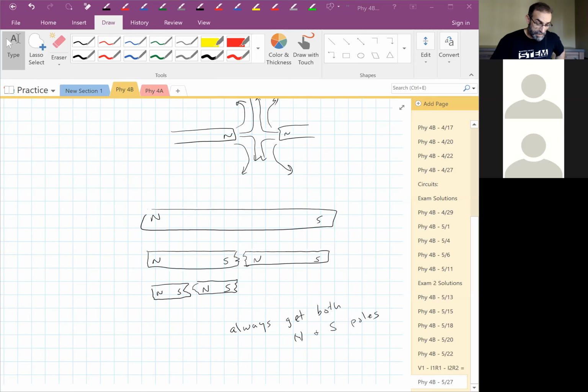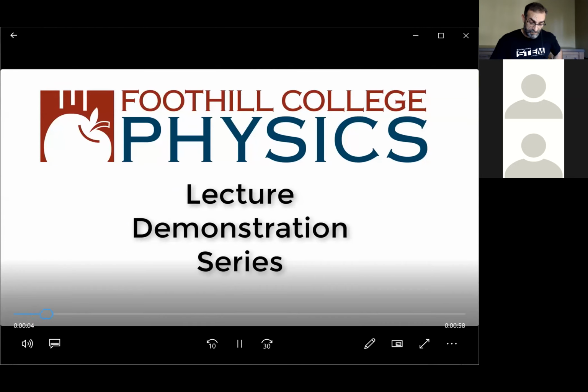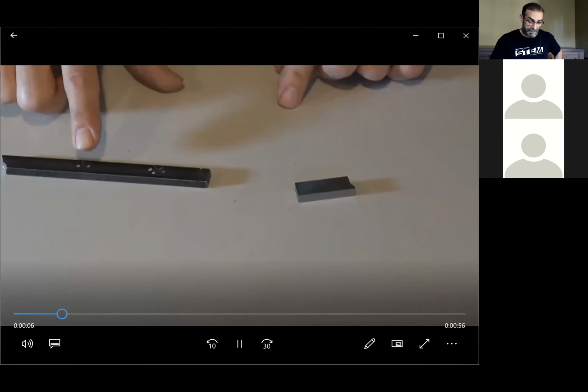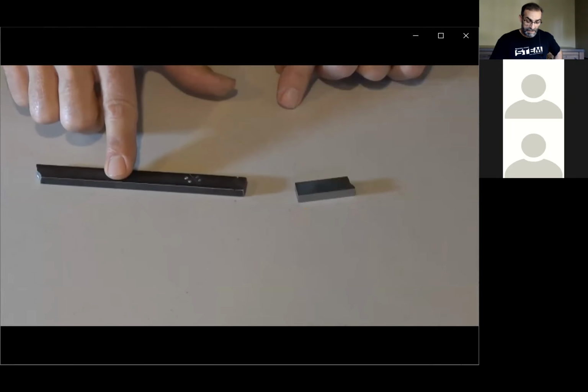In case you don't believe me, here's a magnet, north, south, north, south. So these are going to attract, right?